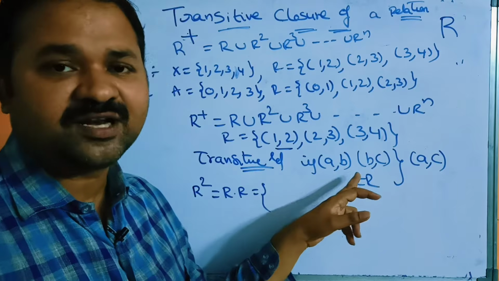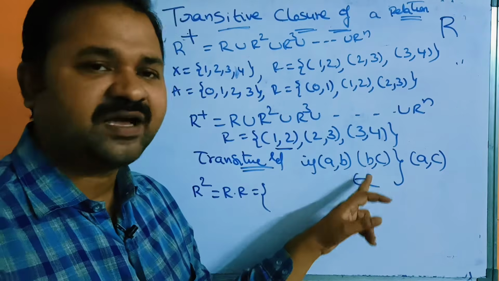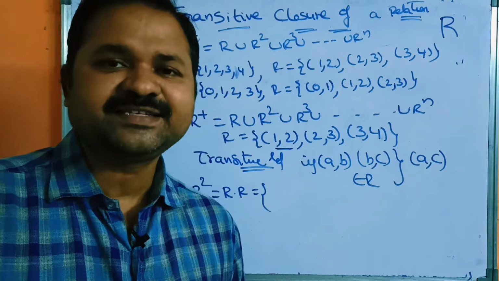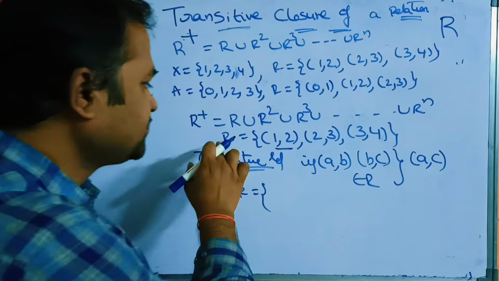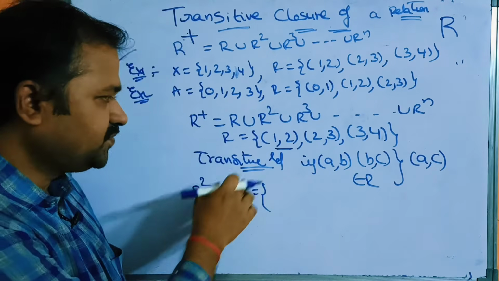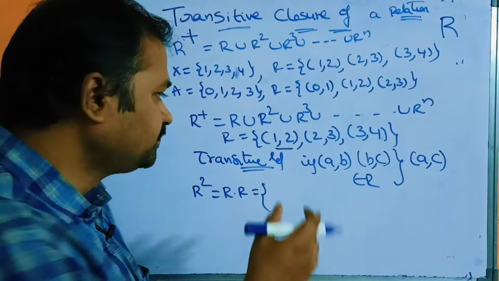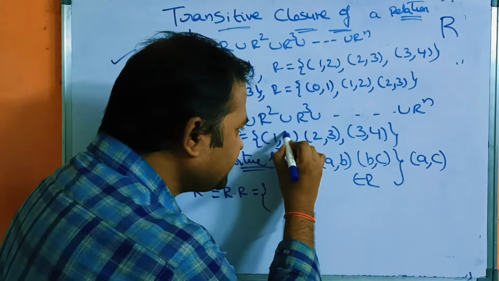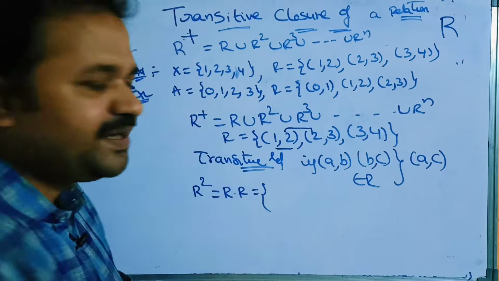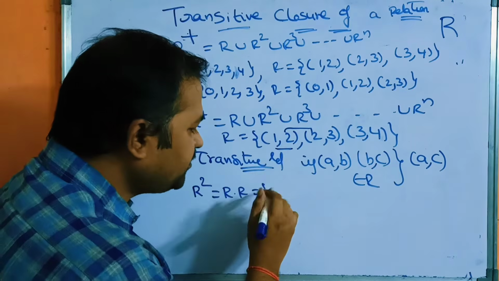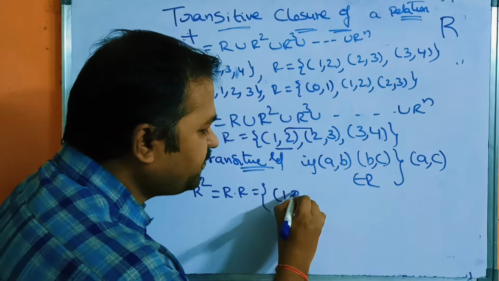Because how to calculate transitive? If (A,B) and (B,C) belong to R, then (A,C) also belongs to R. So for (1,2) we search for the pair which starts with 2. Here this is the pair which starts with 2. So what is the new pair, (A,C)? From (1,2) and (2,3) we get the pair (1,3).